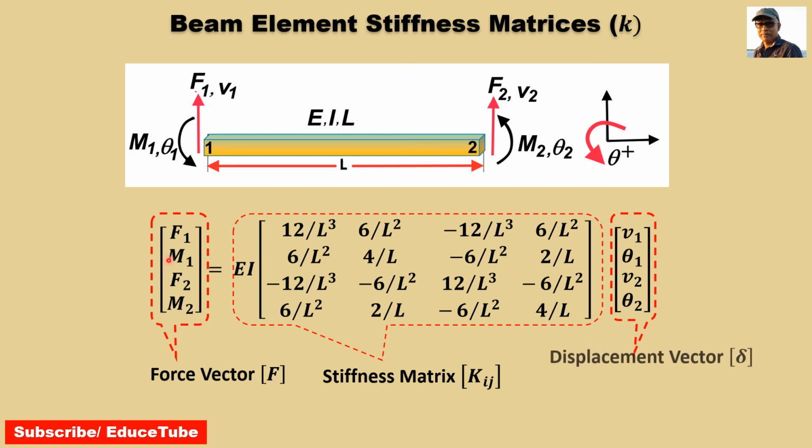And this is the displacement vector. So our intention here is the force vector, stiffness matrix, displacement vector, where the stiffness matrix has 16 terms. So we got the stiffness matrix, 4 by 4. I think we are done up to this.